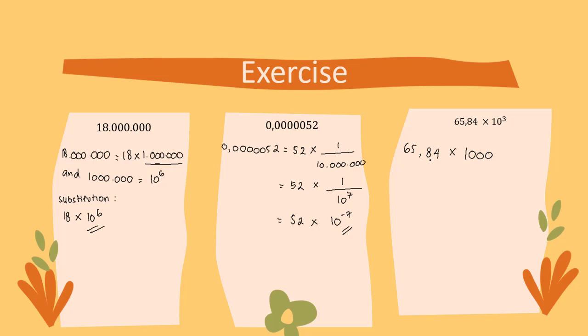So we can simplify, we can change the decimal. So it will be 6,584 times 10. It will be 65,840. So this is the answer.